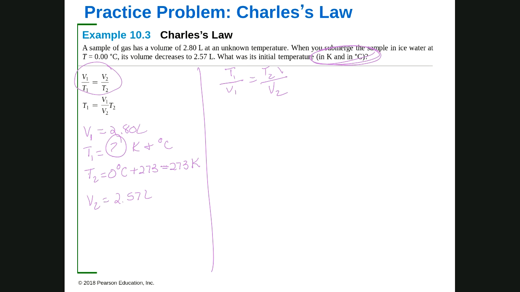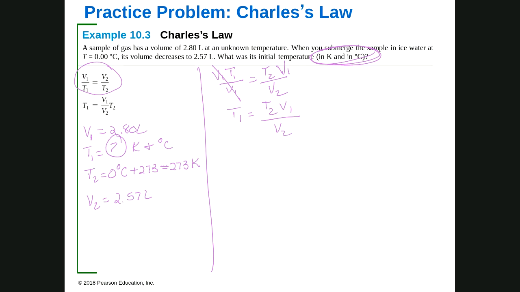So I'm going to have to multiply both sides by V1, and that will get rid of the V1, and then that will leave me T1 equals T2 V1 over V2.